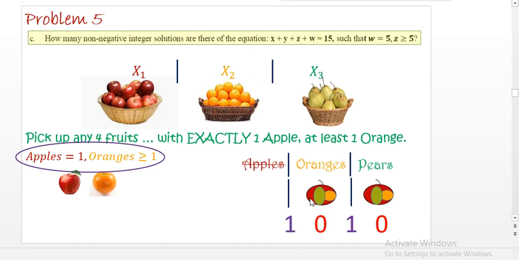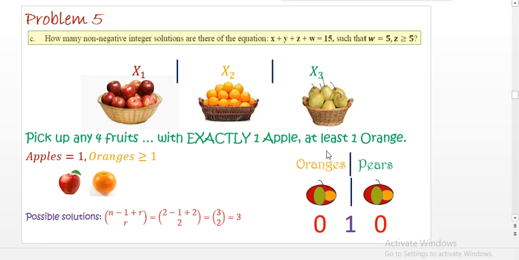Because apples are no longer in the equation, we don't put apples here. Our equation is just oranges and pears, and we have to pick 2 fruits. Either we can pick both oranges, both pears, or 1 orange and 1 pear.